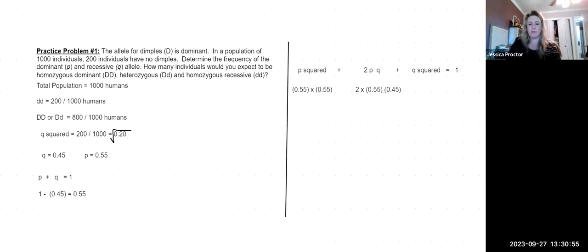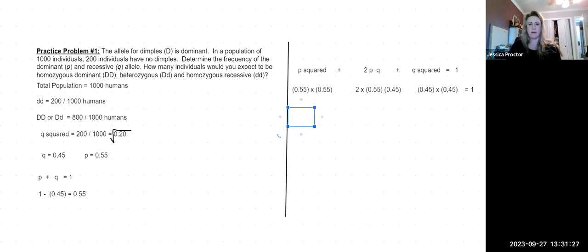All right, Q squared, so we're just taking our value of Q, which is 0.45, multiplying it by the value of Q, which is 0.45. And hopefully that's going to get us all the way back to 1. All right, so now that we have it all set up, the next step is just plugging it into the calculator. So you guys tell me in your calculators, what is the value of 0.55 multiplied by 0.55, rounded to 2 decimal places?